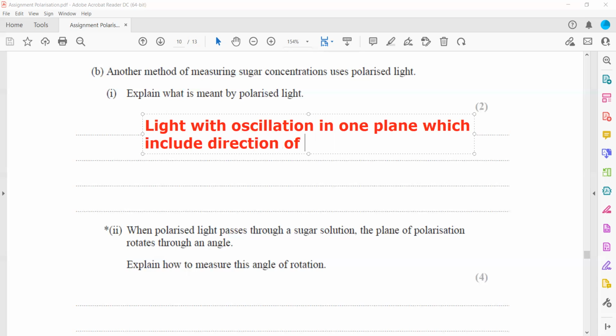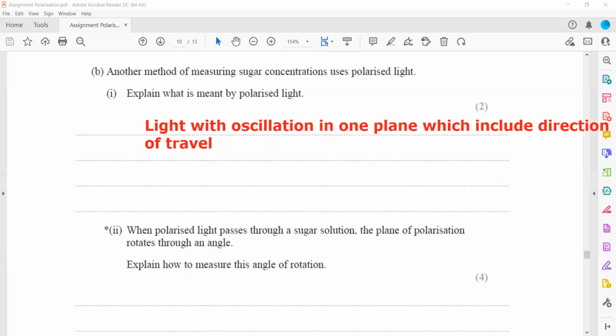So if you use the term plane, like the axis, then you have to mention that it is in the same plane as the direction of travel. But you can also use the term: light in which the oscillation is in one direction, and that direction is perpendicular to the direction of the wave.